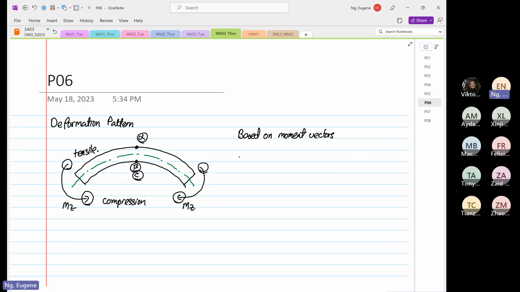that stress X at point alpha is equal to positive Mz over Izz multiplied by y, and stress X at point beta, so beta is on the compressive side, is minus Mz over Izz multiplied by y. You do not need to worry where the center of curvature is.